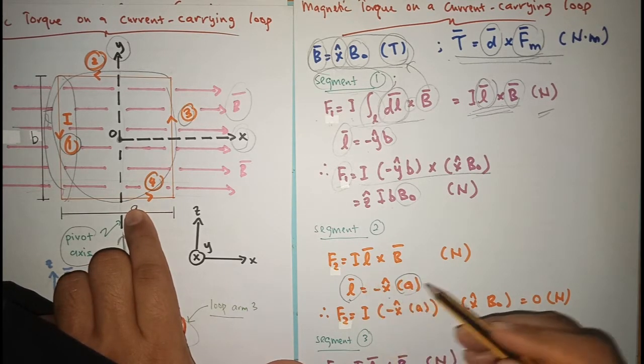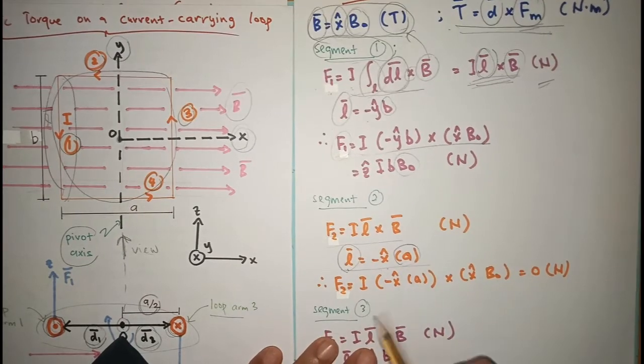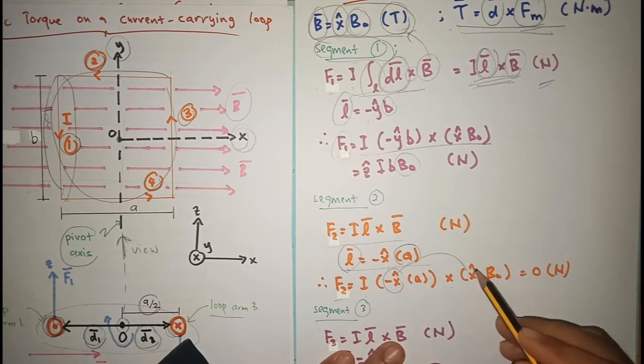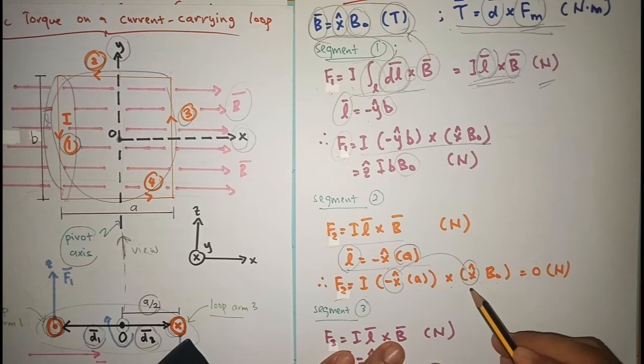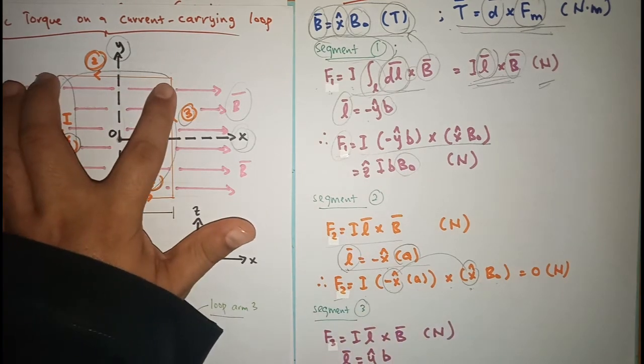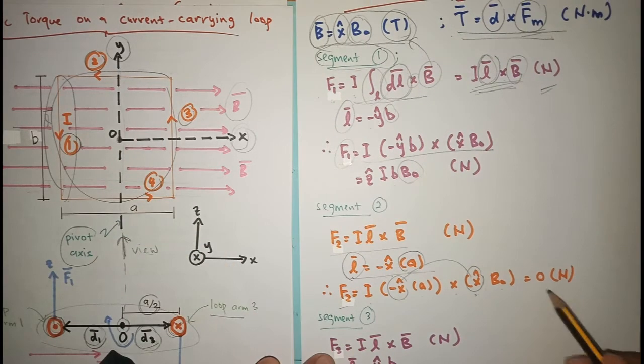By putting all the parameters we know into this expression, F2 is equal to I minus x cap a cross with x cap B naught. Considering this operation, x cap cross x cap results in 0. Therefore, on this segment, the force applied is equal to 0 Newton.